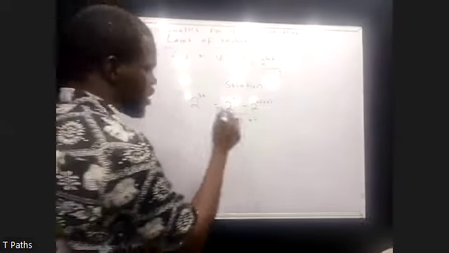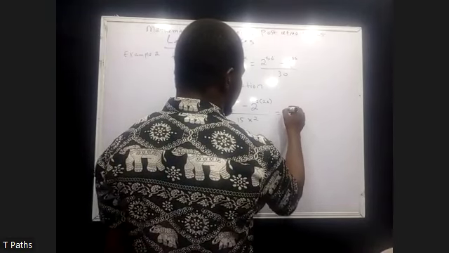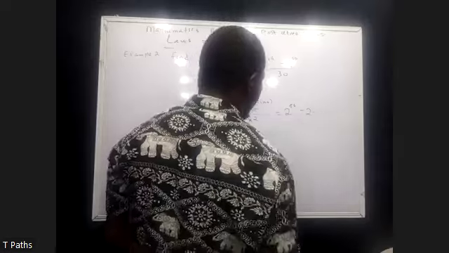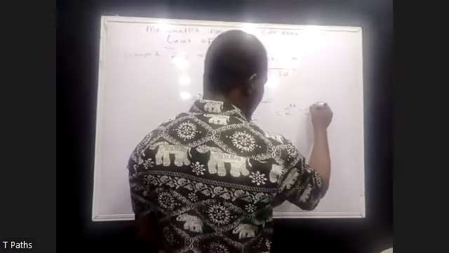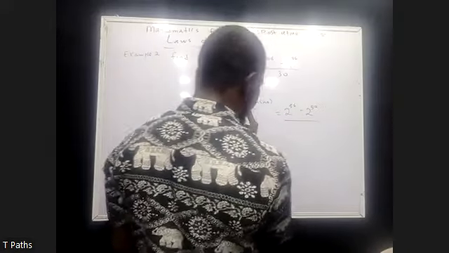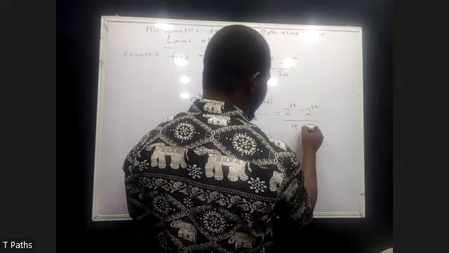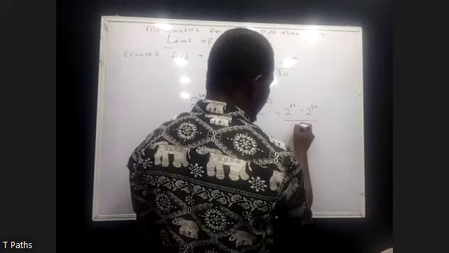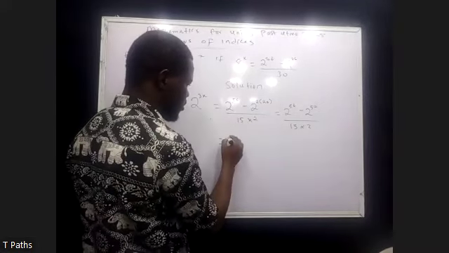Now this is 2 raised to power 56 minus 2 raised to power 4, over 15 times 2.